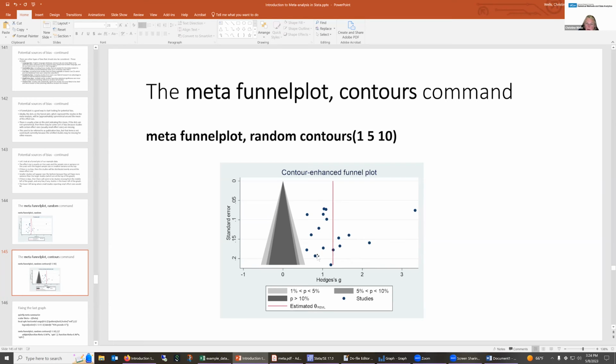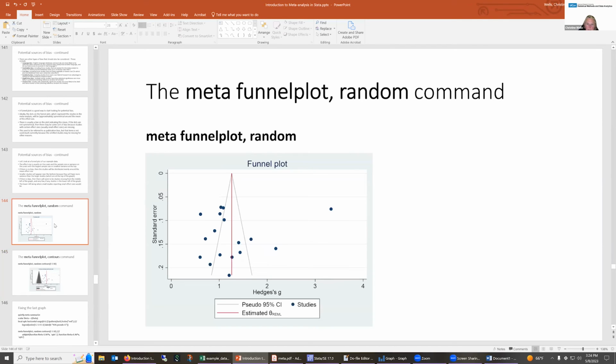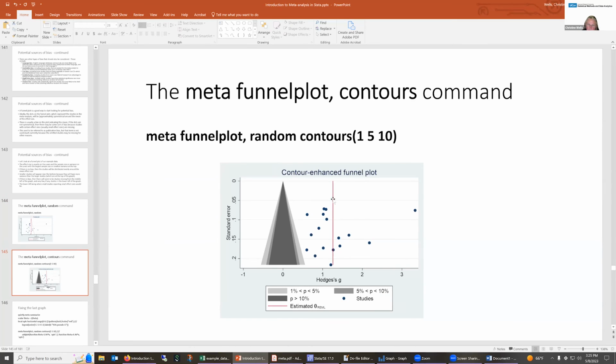Okay, so here's our red line, and this is the estimated effect size here. The blue dots are our studies. This is Con 2016 out here. So we're good with that part. We see that part from up here. But notice, our red line is here at our estimated effect size, and our red line is still here. But what's this goofiness over here? What's this thing? What I asked for was contours at 1%, 5%, and 10%.